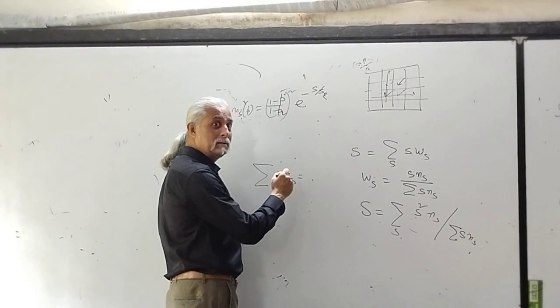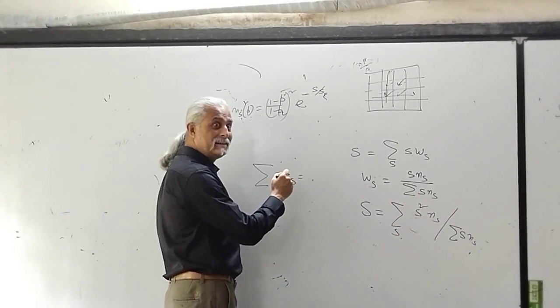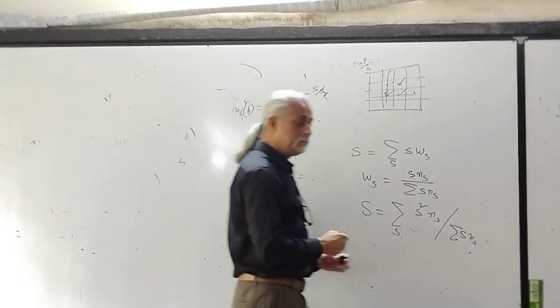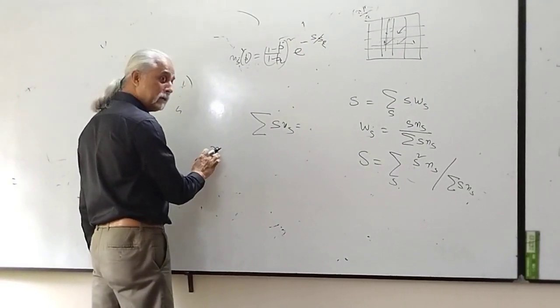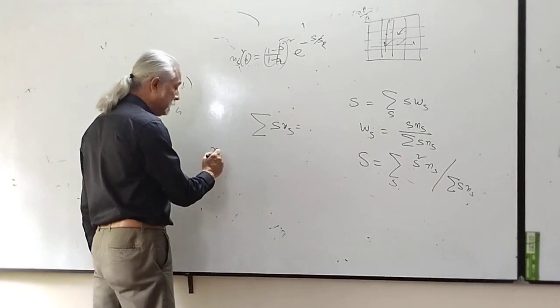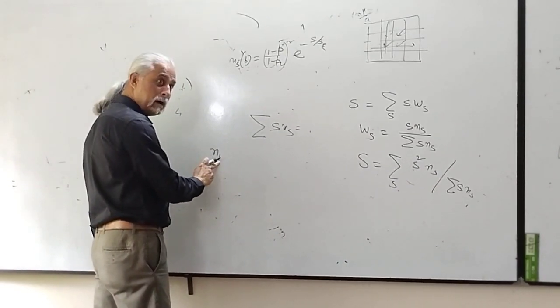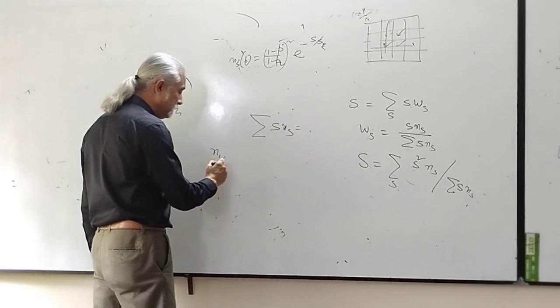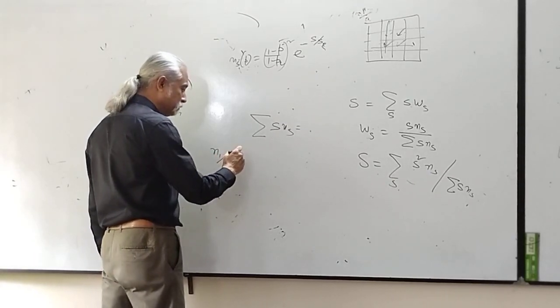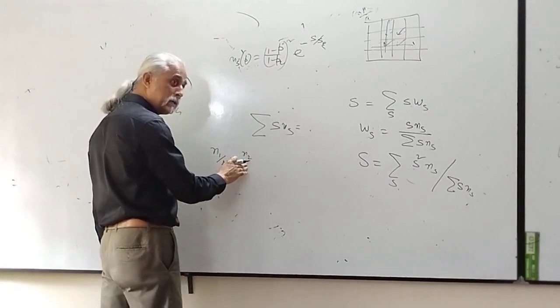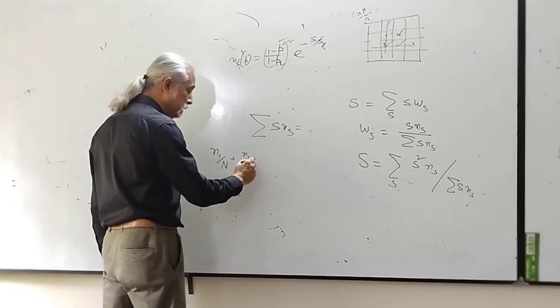Can you remember? It is the number of clusters of size 1, n_1, divided by n, plus the number of clusters of size 2 divided by n.